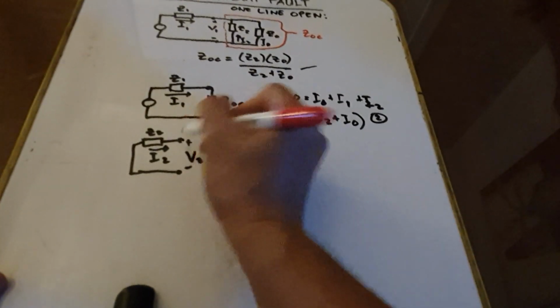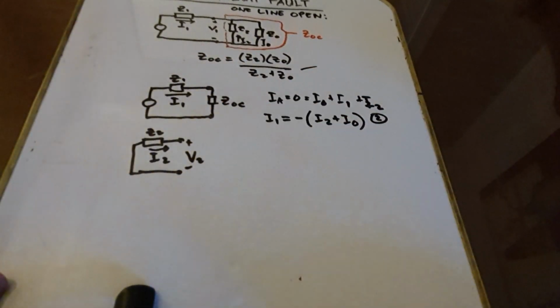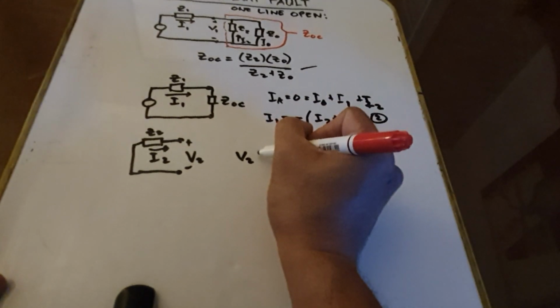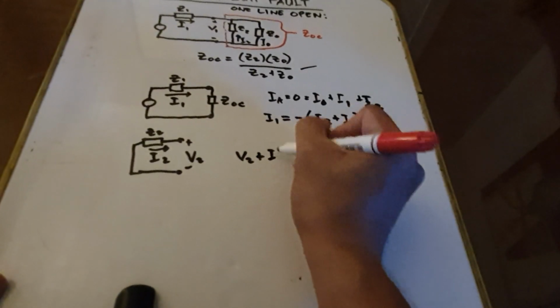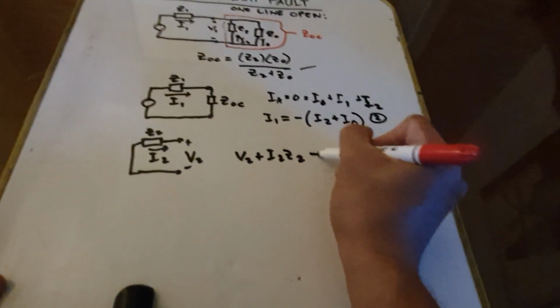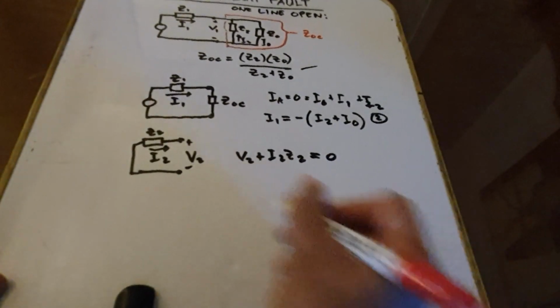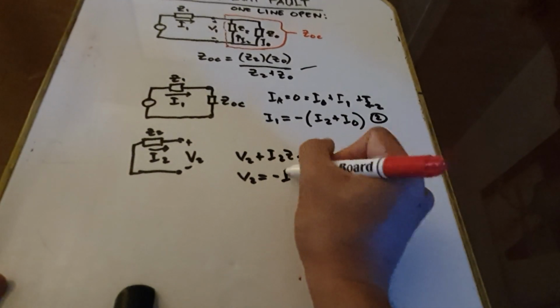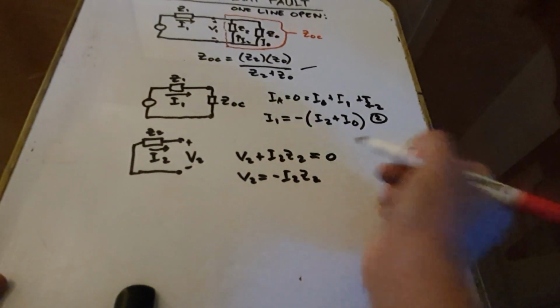From Ohm's law, the sum of the voltages around the loop is equal to 0. So therefore here V2 plus I2 Z2 is equal to 0. So therefore V2 is equal to negative I2 Z2.